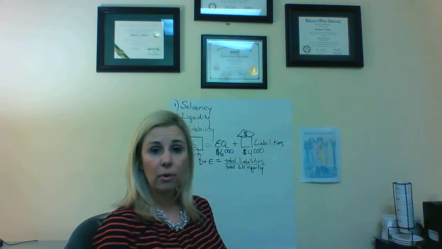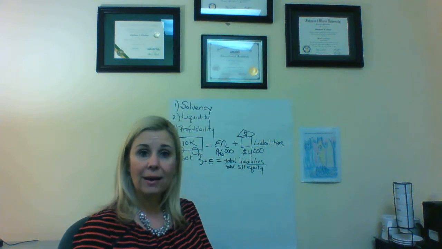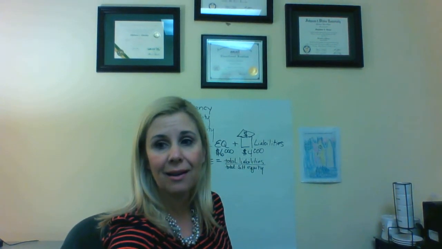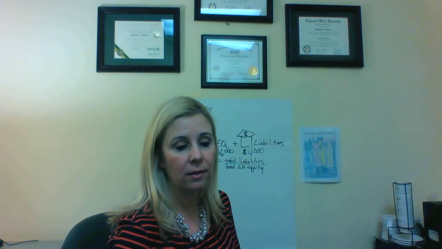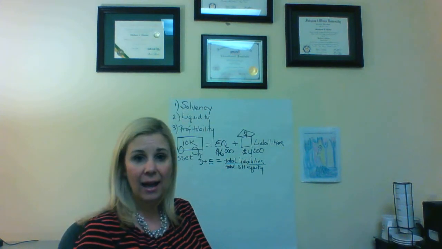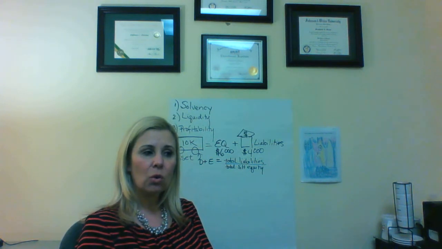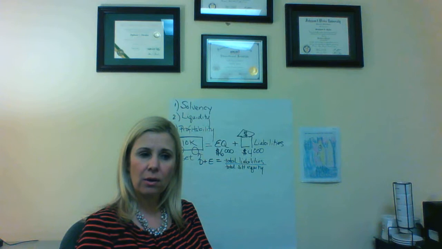Now, to interpret this, if the number is 1 or greater, that's going to tell us that the firm has more debt than they have equity, and that might give us some clues as to, well, what happens if there's a slow period or a loss in sales somehow?